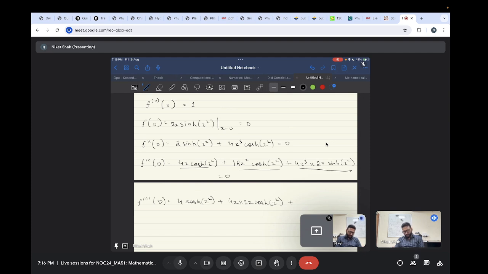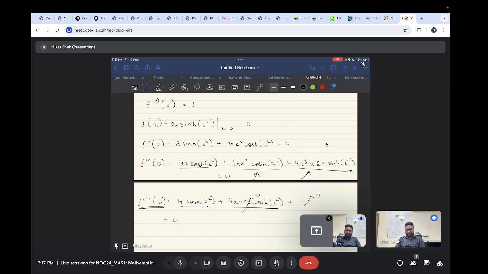This term in the fourth derivative is non-zero, but every other term will be derivatives of the second term, the third term, and so on, and all of these at z equal to 0 will give me 0, because they will always have either z or sinh. Only this term will contribute and give me 4.